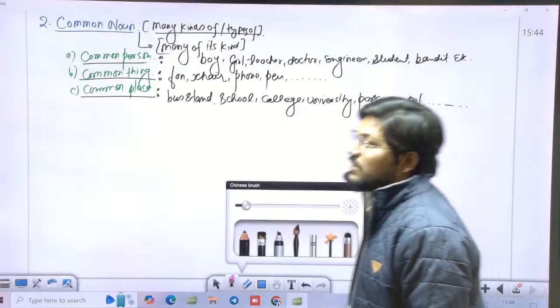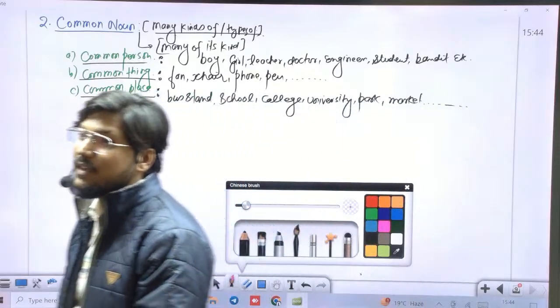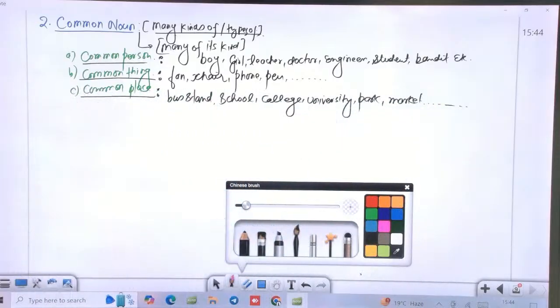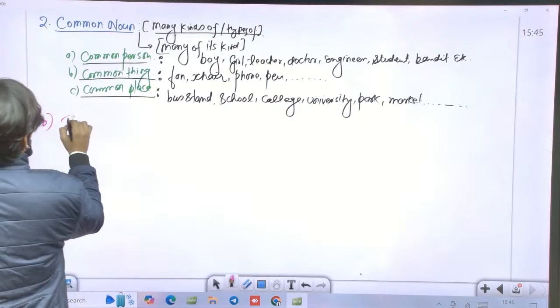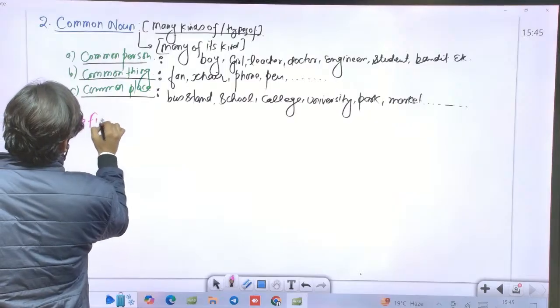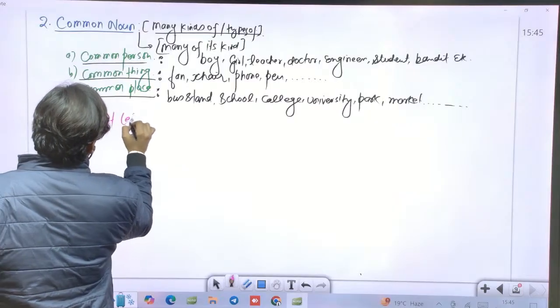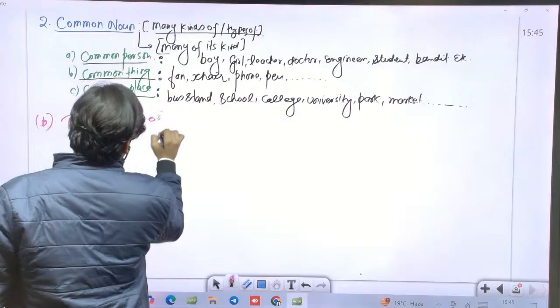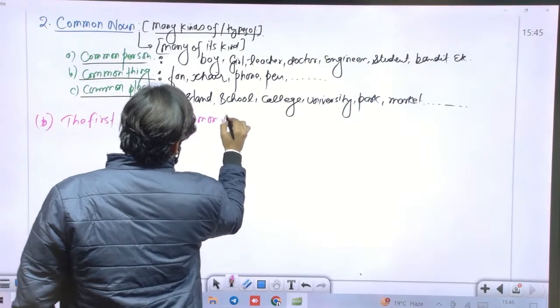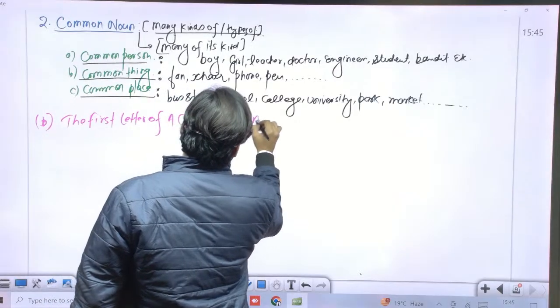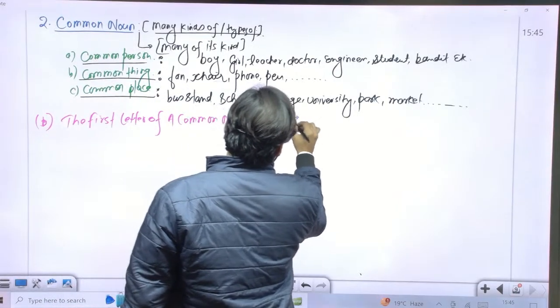Again, my question is to you: how to recognize them in a passage? How to identify whether we are using proper or common? Very simple way is, point number B is, very simple way is, the first letter of a common noun must be in what?